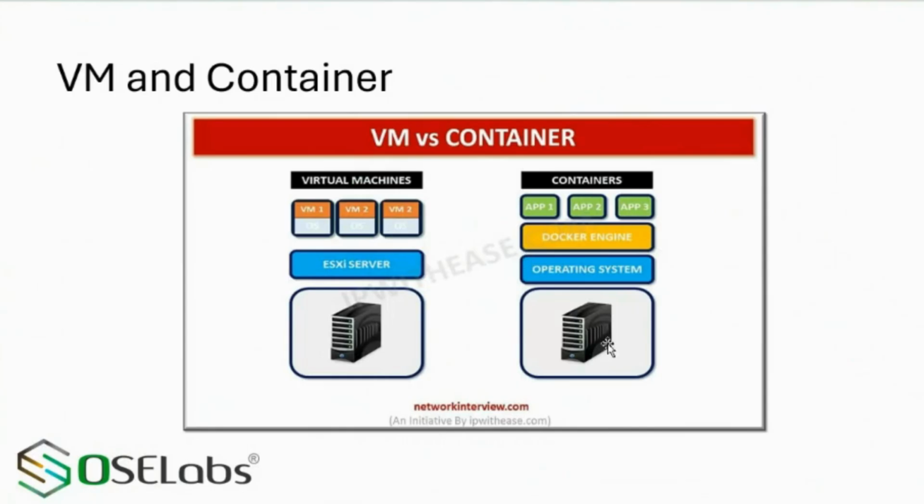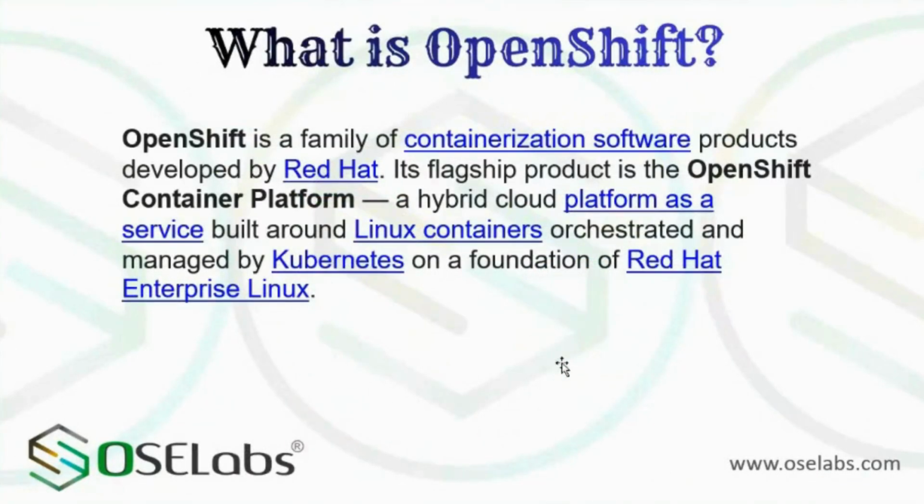With the same hardware, we can spin up nearly 400 to 450 containers. You can see the difference. That is how people are going towards container technology, and that is why an application is now called a containerized application.